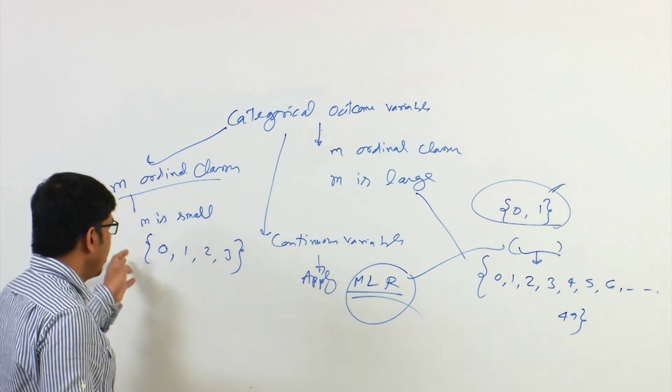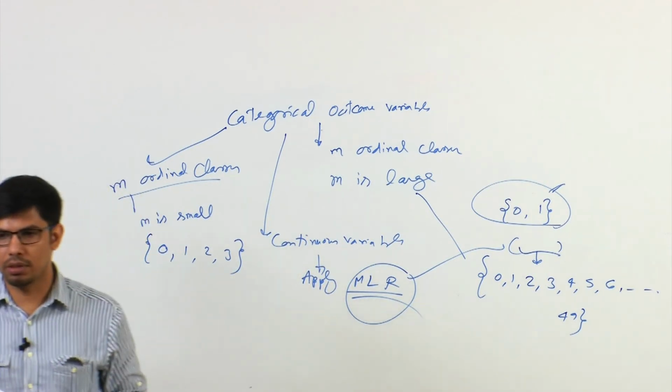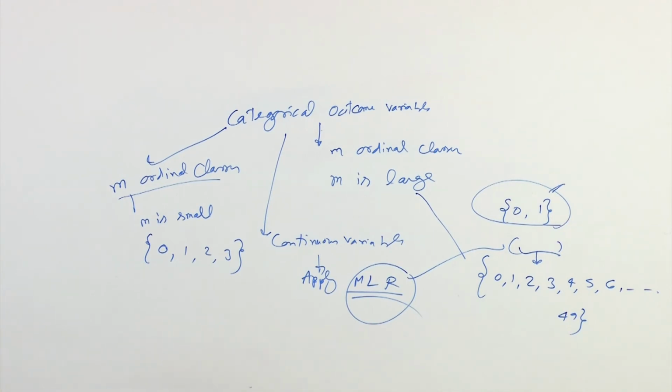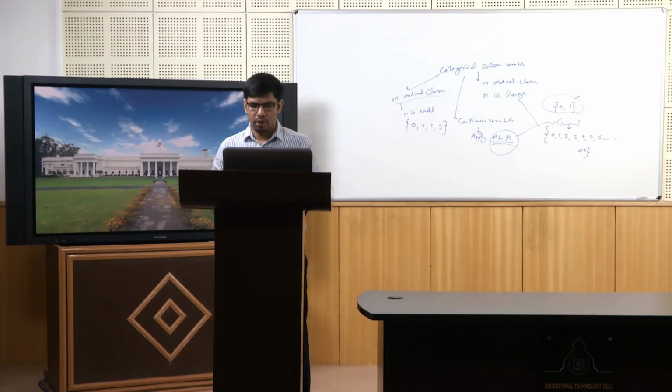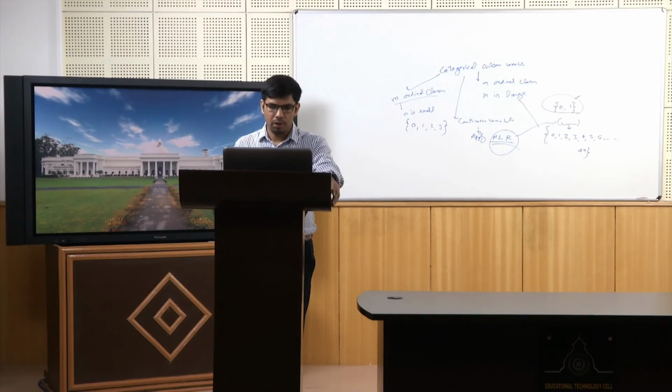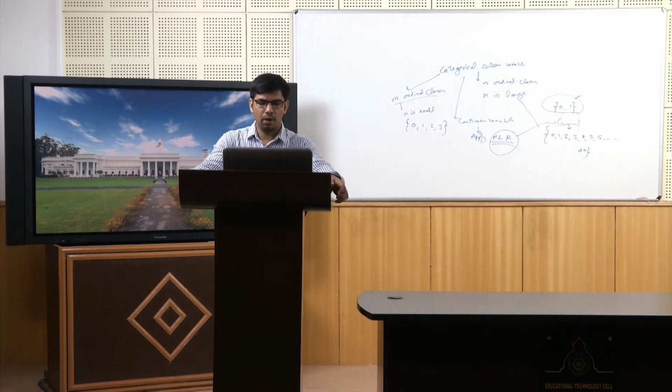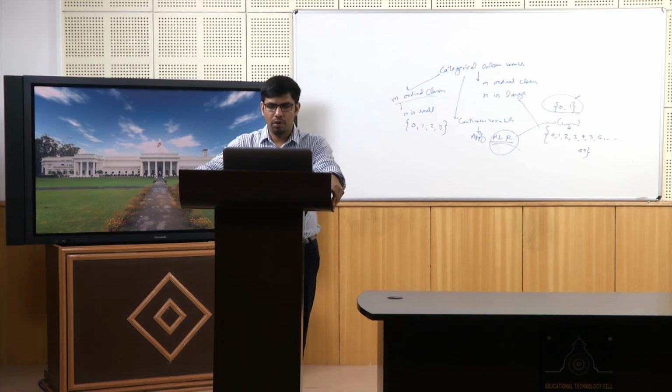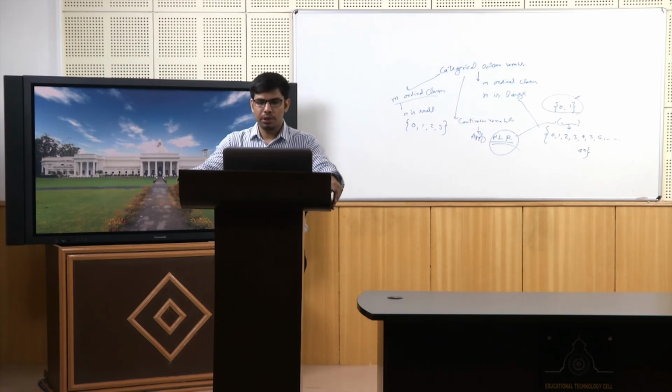So with a small number of ordinal classes we run into the same problem. What we do is use a different version of logistic regression called the proportional odds or cumulative logit method, as indicated in the slide.